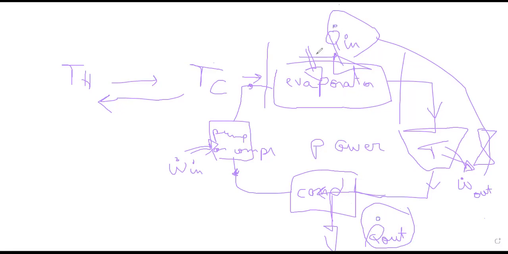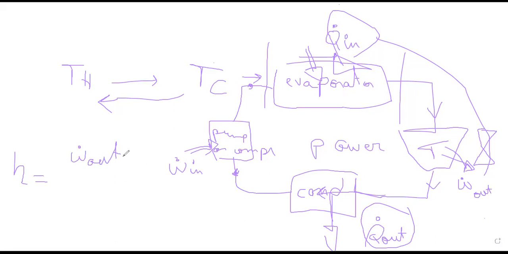How? If I just take this cycle alone, I can say that the efficiency of this power cycle is W dot out. But I cannot just say W dot out, because I also need to lose a small part of it to drive the pump or compressor.